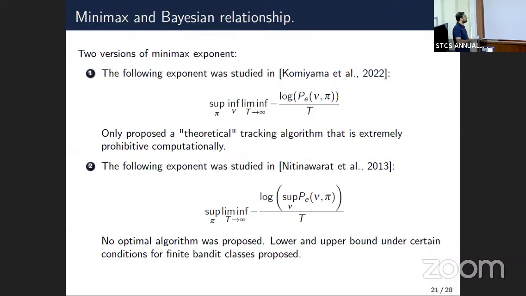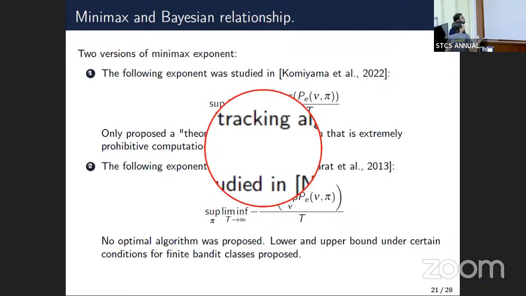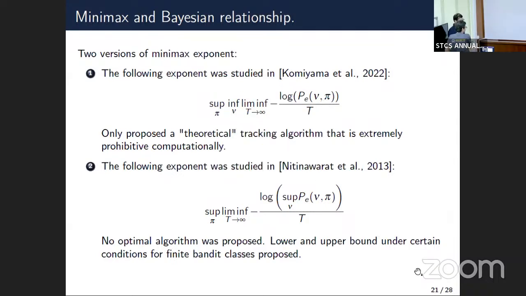Okay, so the minimax exponents have been studied in two settings. One is Komiyama's, where they were trying to maximize the worst-case exponent in a bandit class.